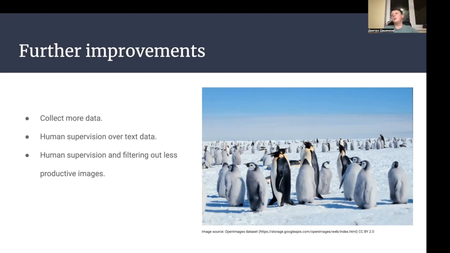We think that it would be beneficial to have some kind of human supervision over the text data in particular, because automatically scraped text descriptions work well, but only up to a point, and generating understandable, human-readable descriptions would probably increase the value of the dataset overall.